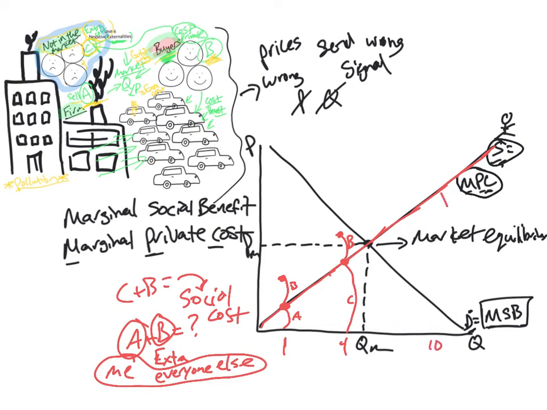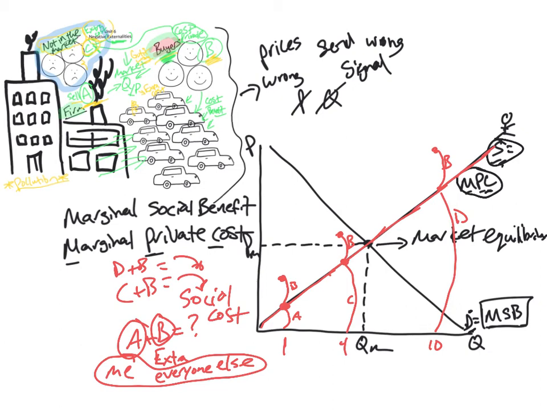We have this cost to me, and we'll call that D. And then we have again this extra cost imposed upon society, adding on to the cost imposed upon me. So what's D plus B? Again, that equals the total social cost.